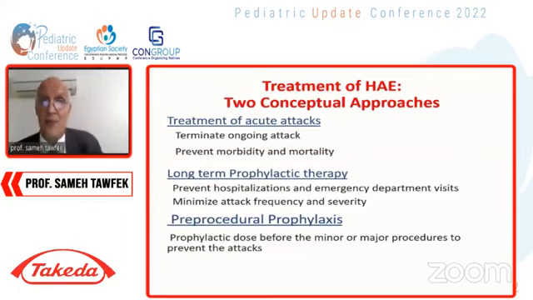Treatment approaches for hereditary angioedema. One of the most important points is treatment of acute attacks, which means termination of ongoing attacks, prevention of morbidity, and, which is more serious, prevention of mortality. Laryngeal edema may cause death because it obstructs the airway.